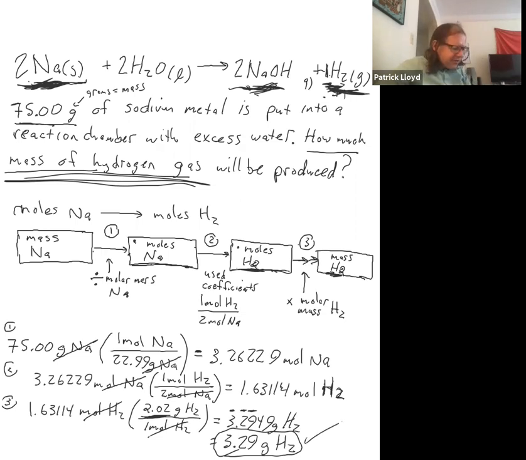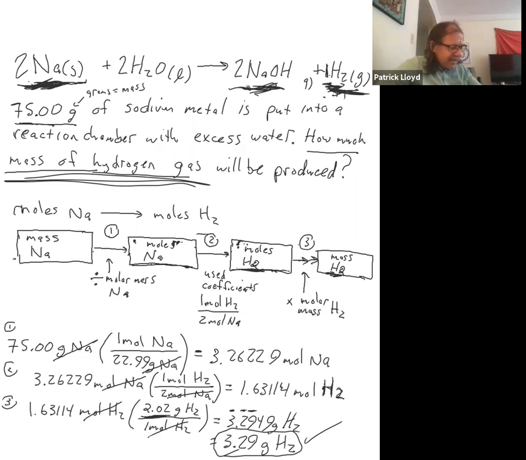Okay, so that flow chart can be pretty useful. And in theory, you could use this flow chart for the previous problems too, right? Because the previous problems just said how many moles of one substance, so you're just using this second step right there. You might see a problem where they give you the mass of one substance and just ask you for the moles of the other substance.